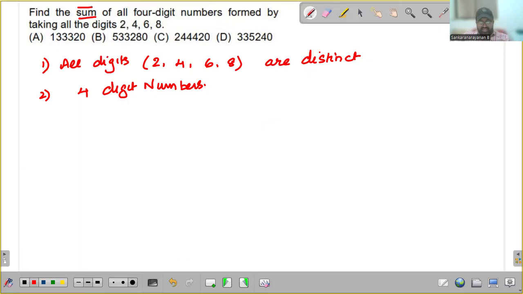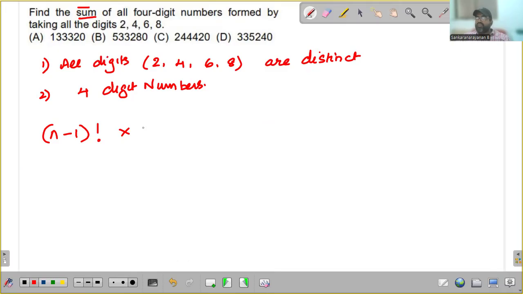So how to deal with this? Here, if the number of digits is equal to n, you have to start with something like n minus 1 factorial. Please note the general form is, suppose you are dealing with n-digit numbers, all the digits being distinct. First thing you have to do is go ahead with n minus 1 factorial into 4-digit number, right?